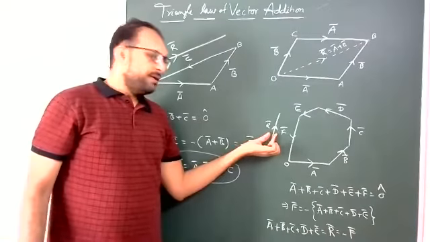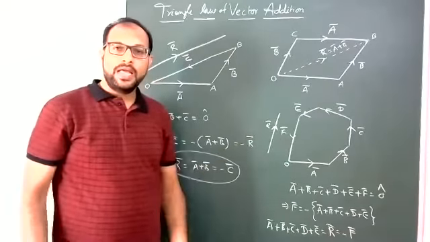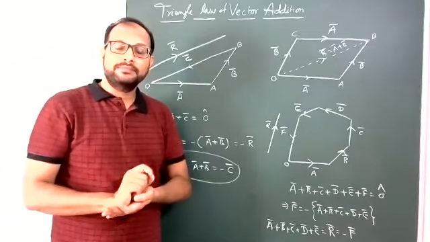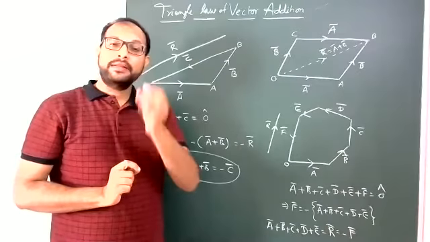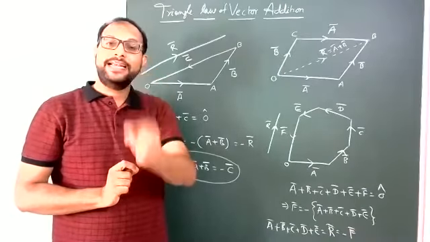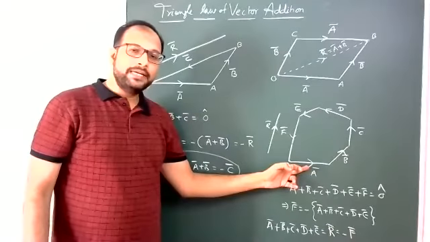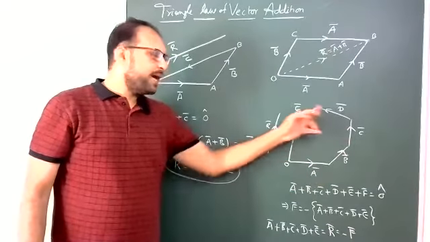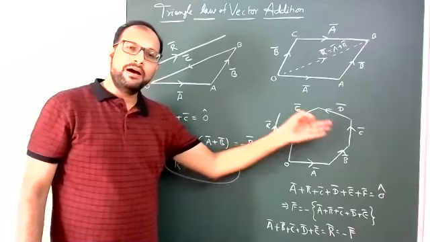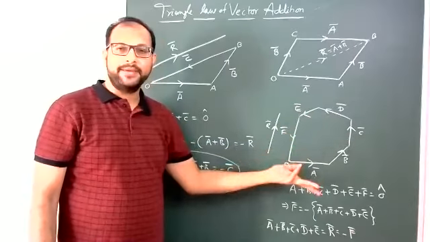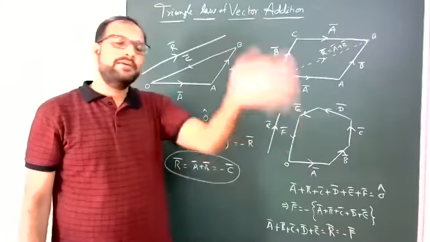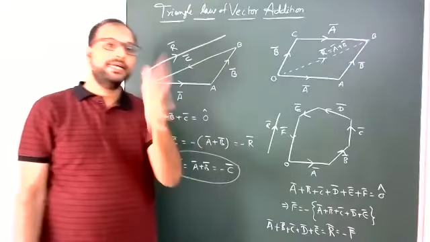So the negative of the last vector, representing the last side of the polygon, is the resultant of the first vectors, whatever the number of vectors. Of course, here it is 5. Maybe another example 6, 7, anything. That's why it is known as the polygon law.